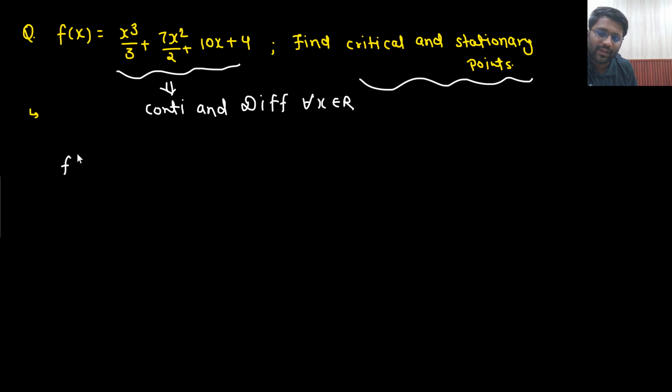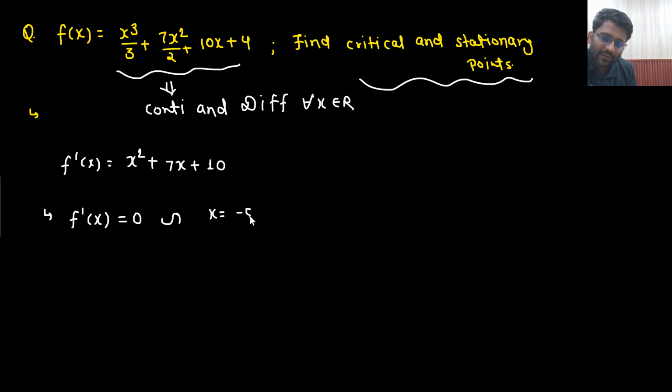If you find out f dash of x, what you will be getting? Sir, 3x square divided by 3, then sir 7x plus 10. If you put this equals to 0, for finding out the stationary points, then what answer am I getting? x equals to minus 5 and minus 2. So these two are your stationary points as well.